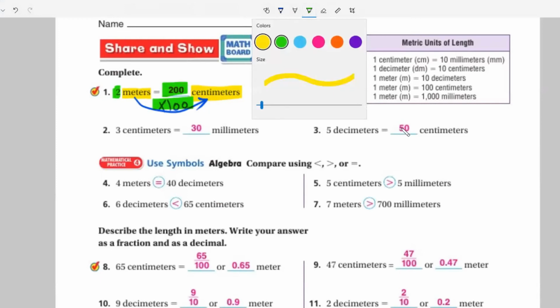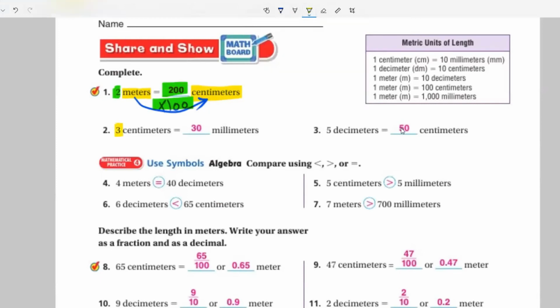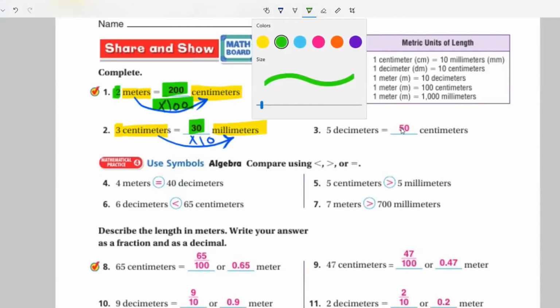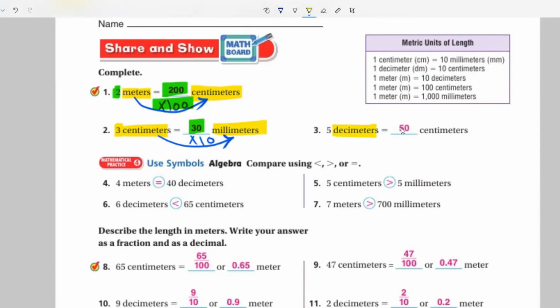Okay, the next one. 3 centimeter, from centimeter to millimeter. So look at your fingers. We're going to multiply by 10. So it will be 30. And the next one, 5 decimeter to centimeter. You have to multiply by 10 again. So it will become 50.